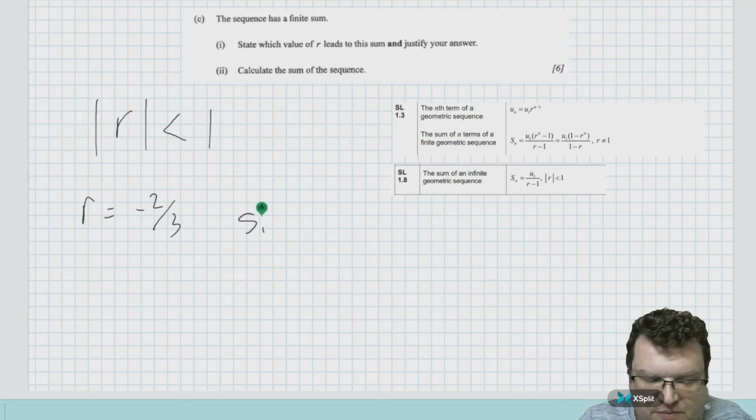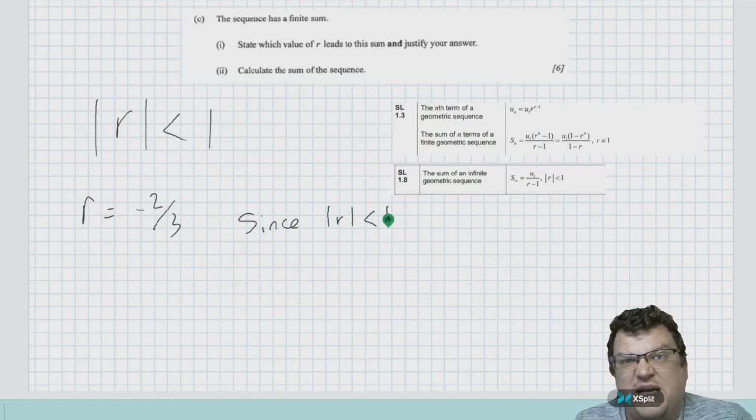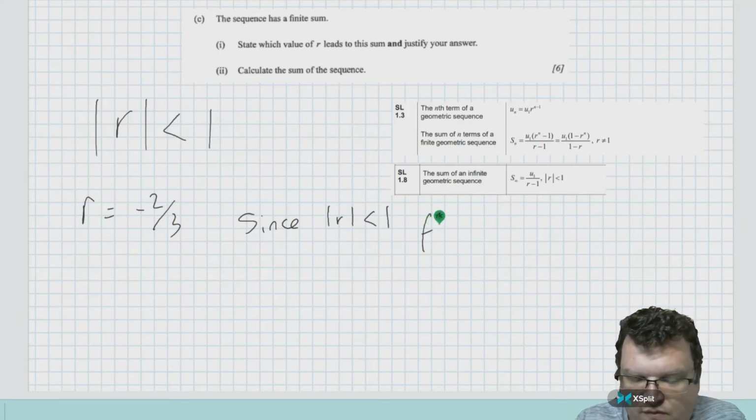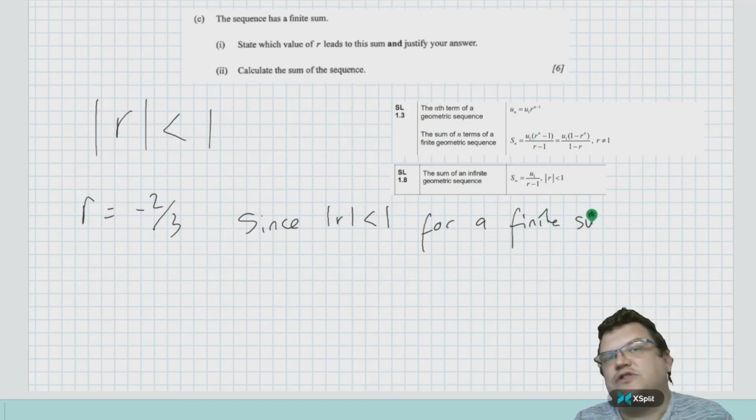So we're just going to write something like, since absolute value of r needs to be less than 1 for a finite sum. They just want some reason, some indication of you knowing why you've chosen that ratio. And it's of course because that's the one whose absolute value is less than 1.